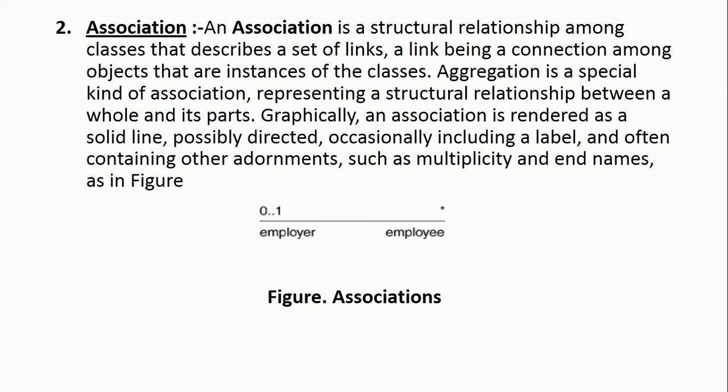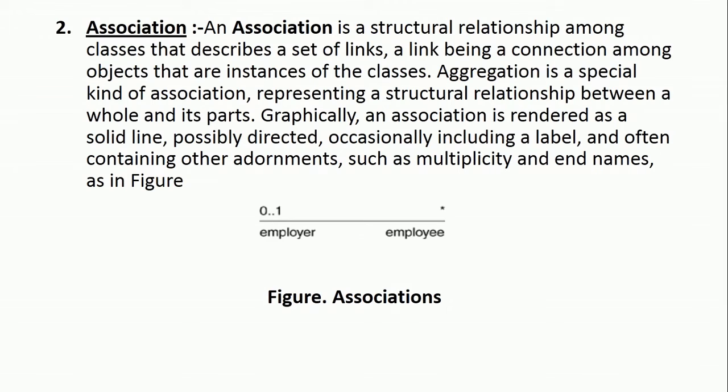So in this way association can be understood. So we can say association is a relationship between classifiers which is used to show that instances of the classifiers could be either linked to each other or combined logically or physically into some aggregation.